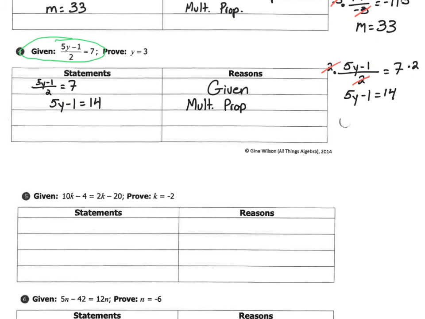Then from there, you're going to want to move the 1. That's going to be addition prop. And then your last one would be get the y by itself.